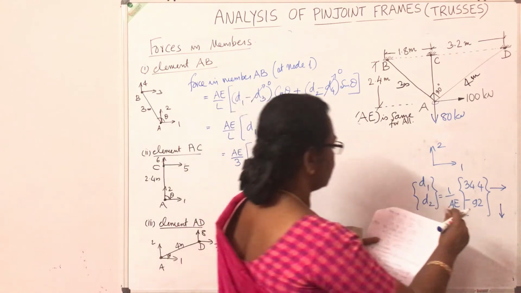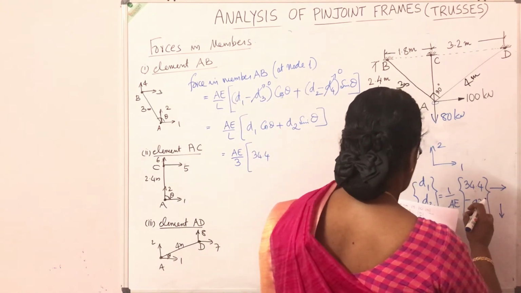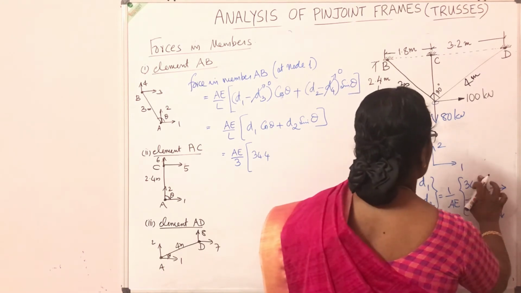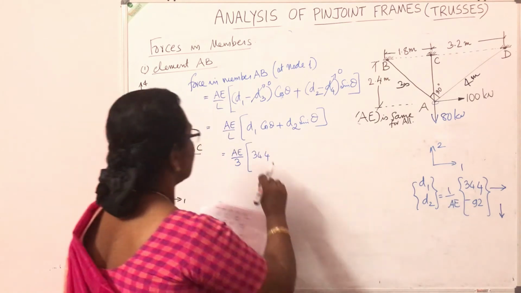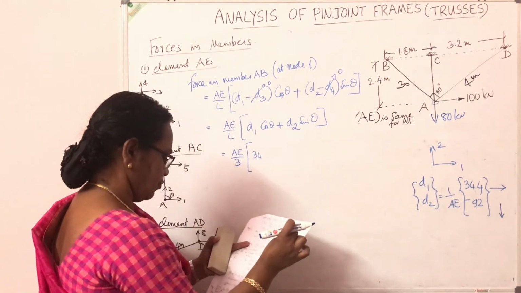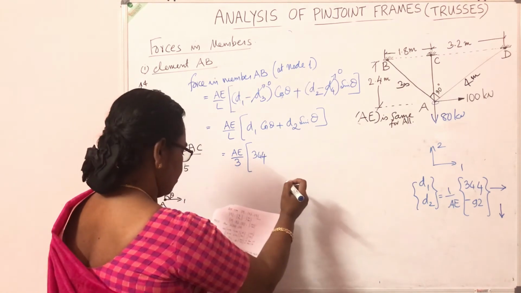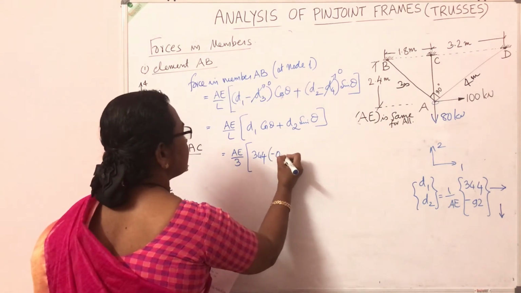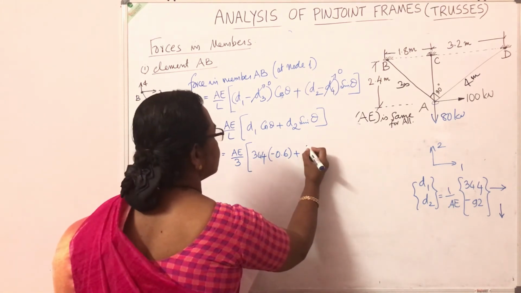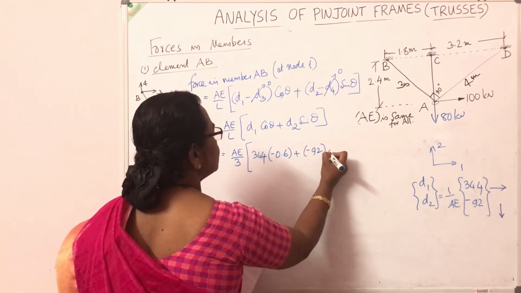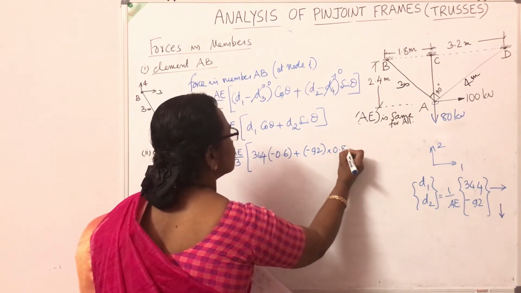Sorry, it is not 34.4. It is 344. Cos theta value is minus 0.6 for the first element. And D2 value is minus 92. And the sin theta value for that element is 0.8.